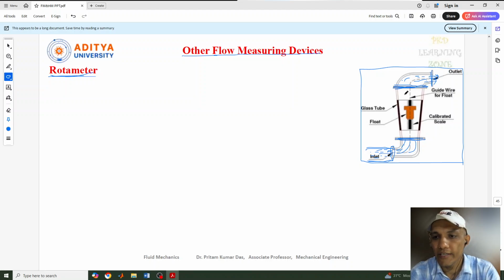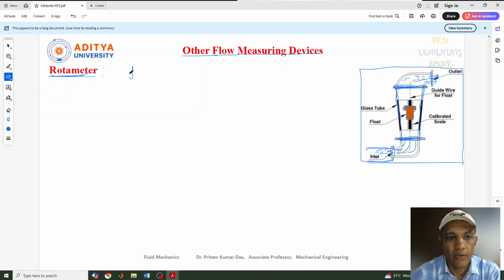Now, what are the other parts? You can see there is a tapered glass tube, which is transparent, as it is made of glass. And this one is known as the float, or it is also called a rotor.